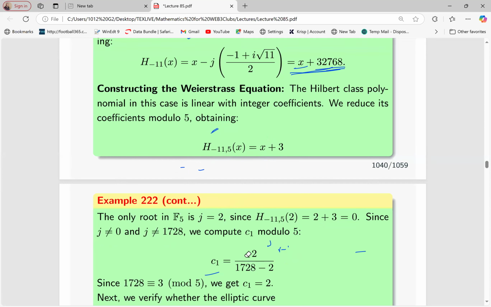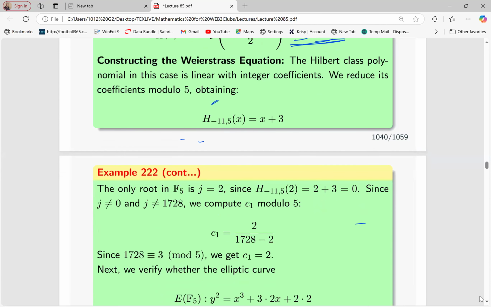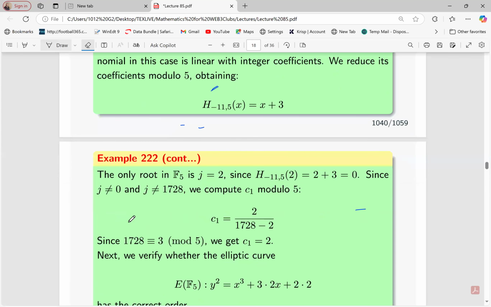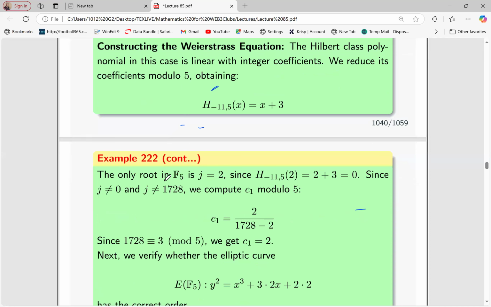What was our D? Our D was negative 11. In this case, we have not computed C2. Since we've not computed C2, we go to the conditions of the curves and check which curve we should pick.